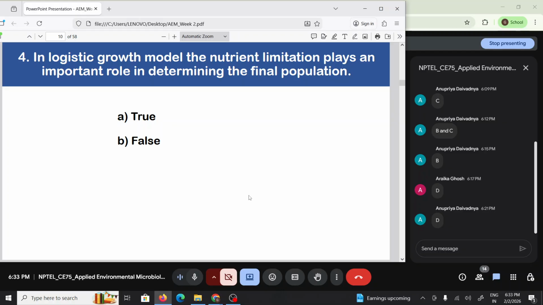So the first question is: in the logistic growth model, nutrient limitation plays an important role in determining the final population. Is the statement true or false?